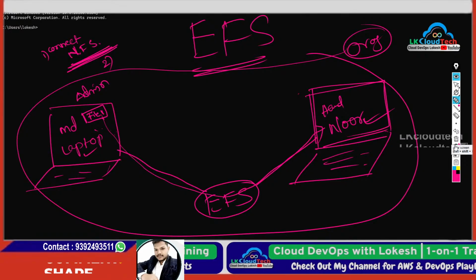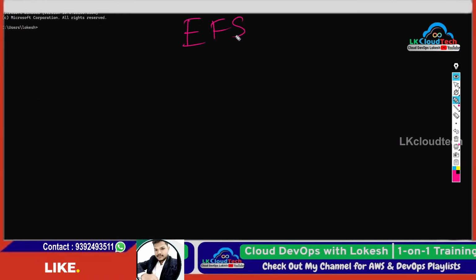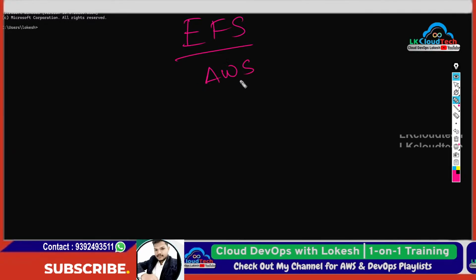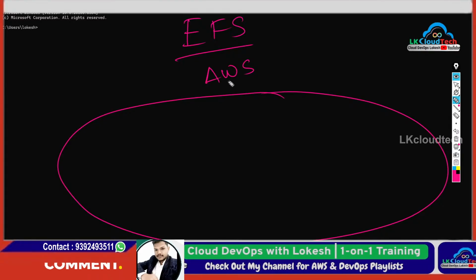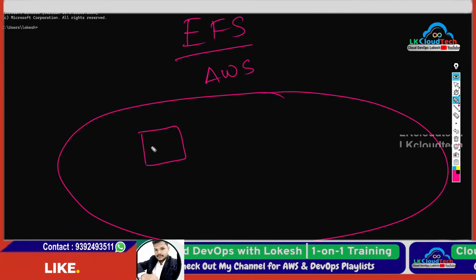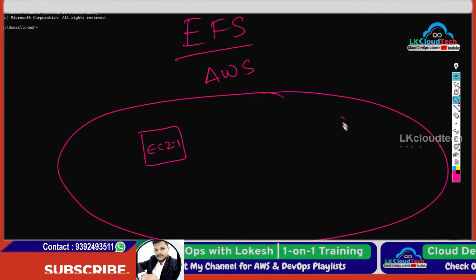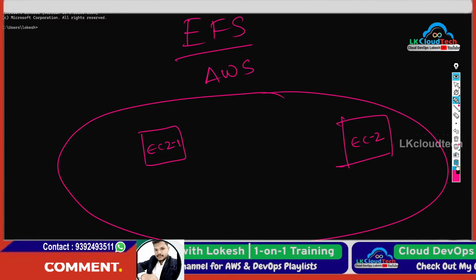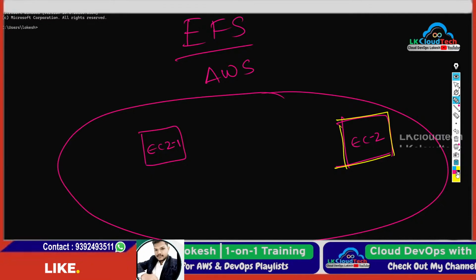Sharing the files. Again, EFS is a service in AWS. So you are in AWS premises and you have an account in AWS. For example, this is your EC2 instance 1 and this is EC2 instance 2.